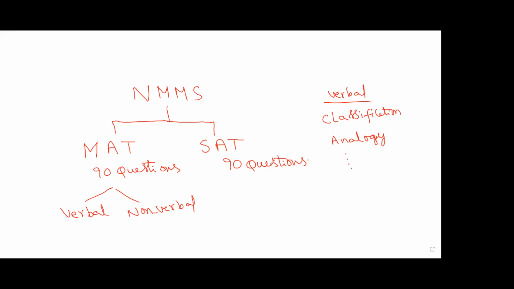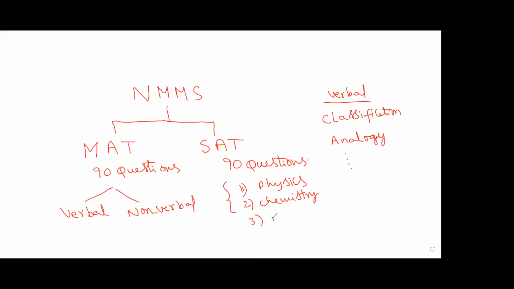And what about this SAT? Of course, you know that SAT means it is related with your regular subjects. And you will have physics, then chemistry. Of course, at school level, we don't deal with it separately. We call it physical science. Both are the same.